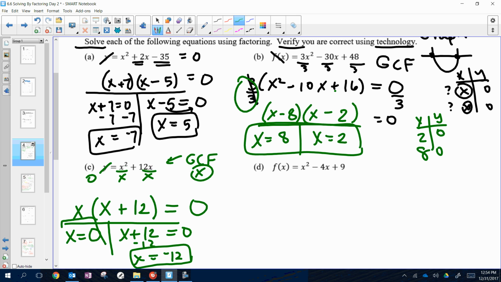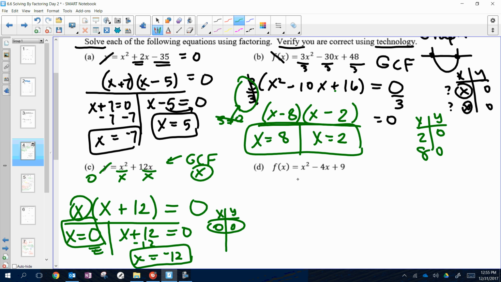So remember, if there's a GCF of x, it actually leads to another possible root. On a table, it would actually be 0, 0. So you can't lose that. That is a possible root. In this case up here, 3 does not equal 0, so you get rid of it. So GCF of x creates a 0 at 0.